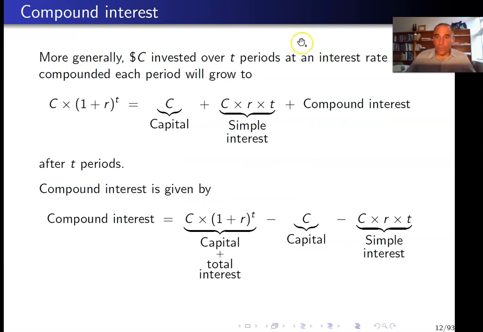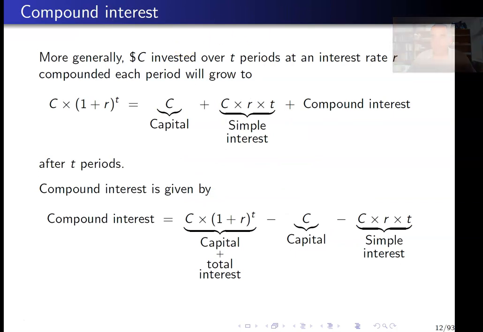More generally, we have this. If C dollars are invested over T periods at an interest rate R, at the end of the T periods, the value of the account is C times 1 plus the interest rate to the power T, which gives capital plus simple interest, and the balance is compound interest.